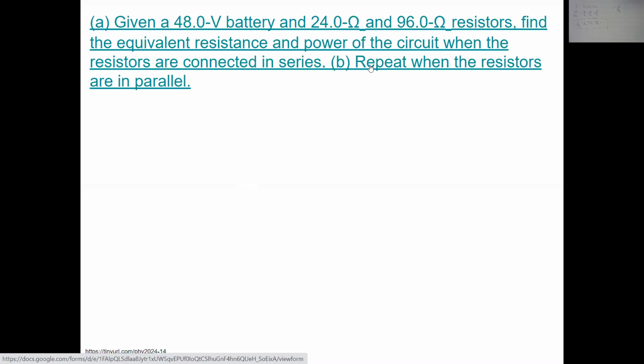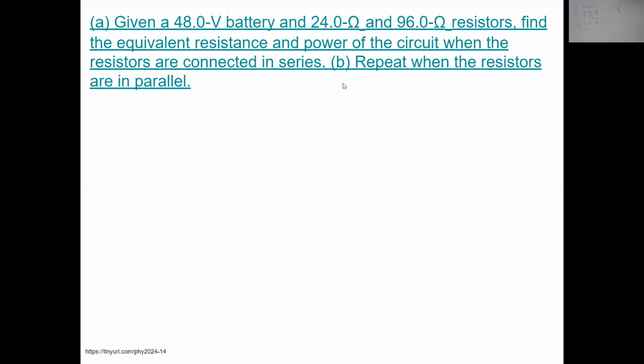Part B: repeat part A for the resistors in parallel. You can give it a try, and then we can look at the solutions together in a few minutes.